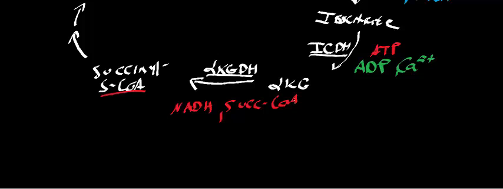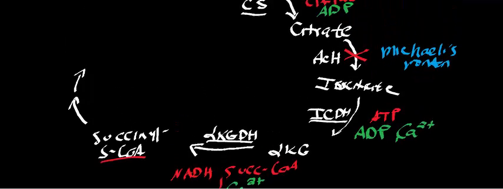So succinyl-CoA turns the enzyme off, and so does NADH. If we have lots of NADH present, we can afford to turn down the enzyme because we already have enough NADH. And actually, for a lot of the same reasons as the other two enzymes, the allosteric activator seems to be calcium ions.